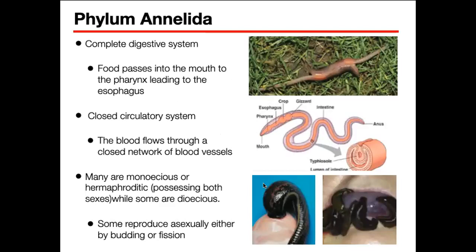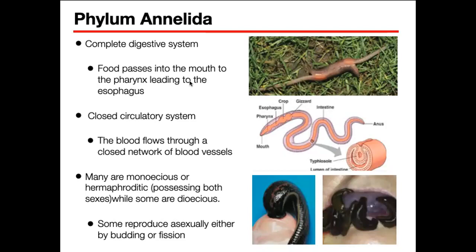And the same with roundworms, they have a complete digestive system. Okay? And this means that the food would pass from the mouth to the pharynx leading to the esophagus at meron siya ng exit portal which is the anal region. Closed din yung kanyang circulatory system, ibig sabihin it's a compact network of these blood vessels.